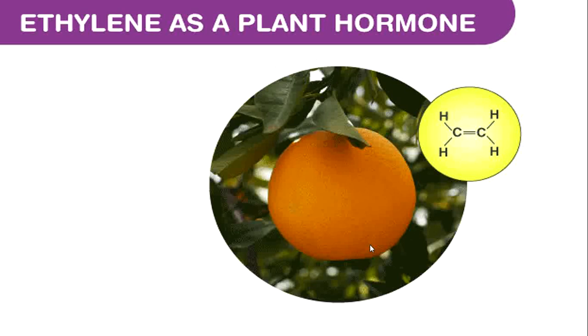This is based on the fact that rotting fruits release ethylene. This can cause other fruits nearby to ripen and possibly rot. This hormone can also cause plants to drop their leaves, so it's an important hormone for plants.